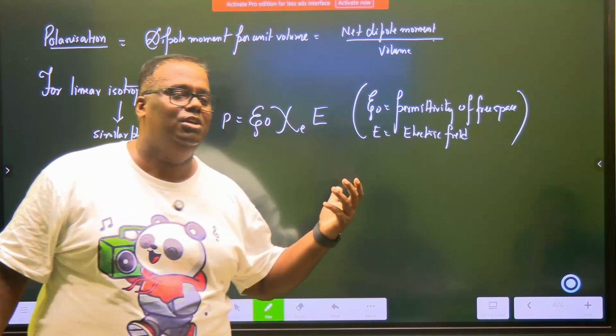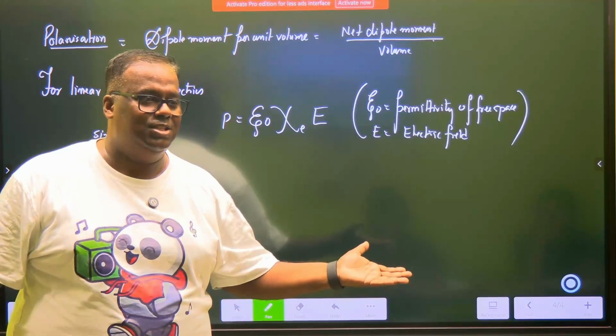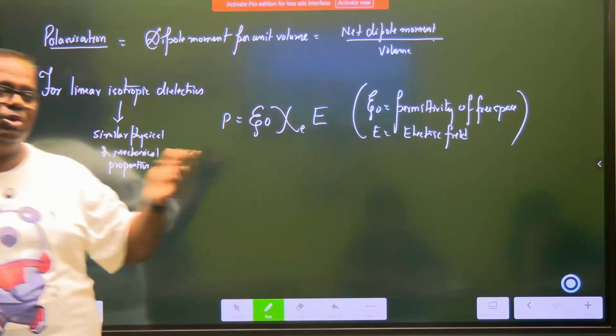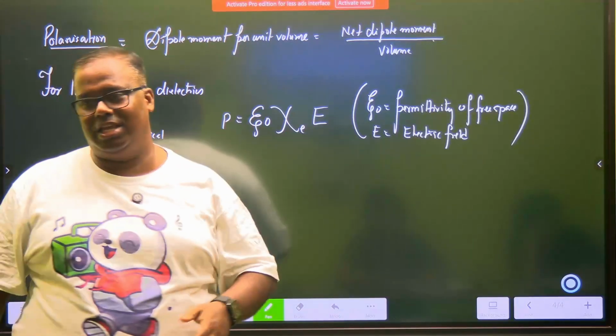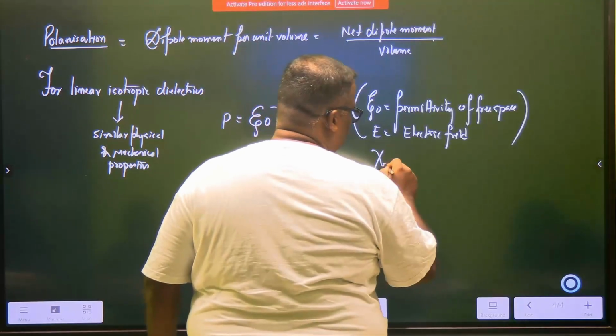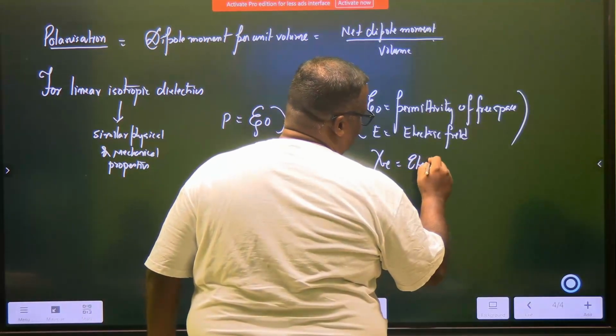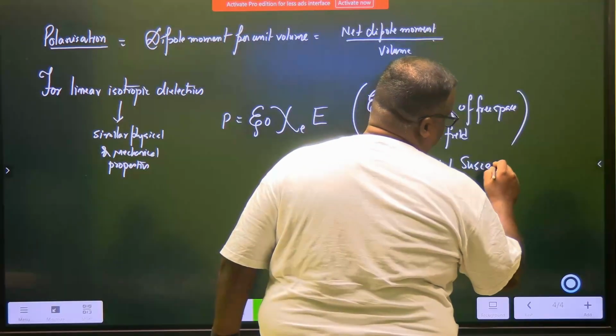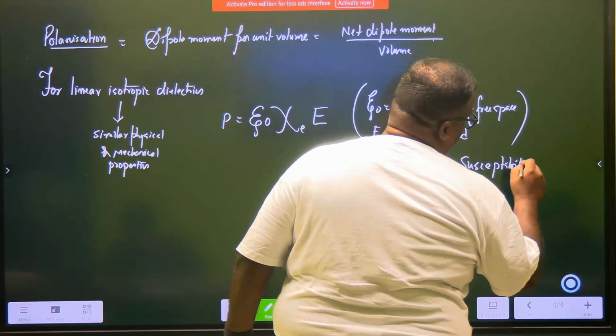How submissive you are in front of an electric field, in other words willingness to polarize. So chi e is known as electrical susceptibility.